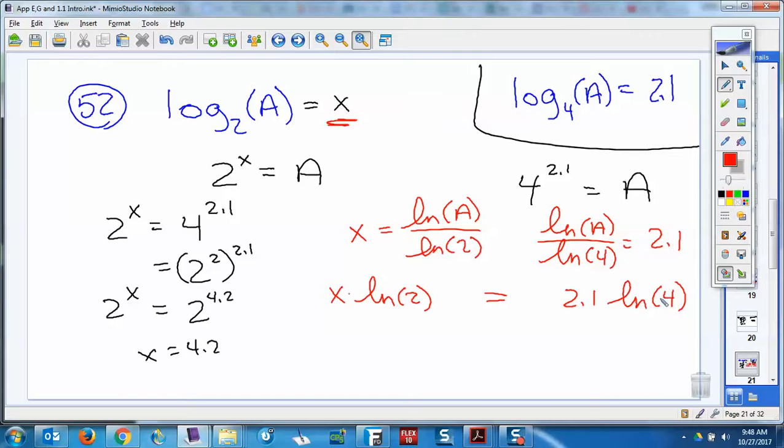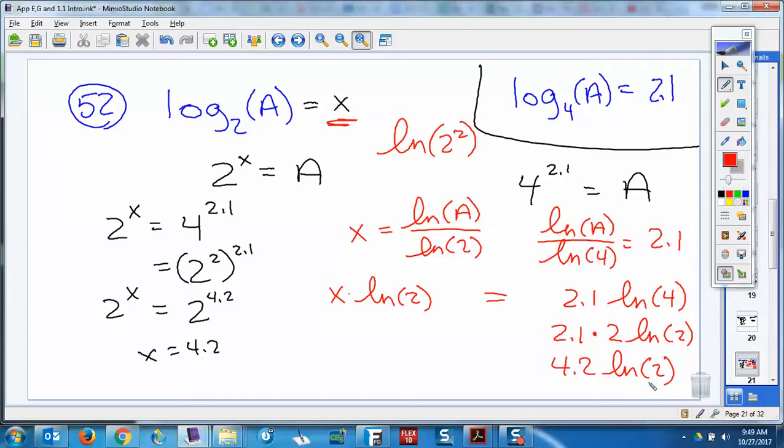And we talked about this yesterday. What's another way to write ln4? ln of 2 squared, right? And then what can you do with that 2? Bring it down in front. So now we'd have 2.1 times 2 ln2, and 2.1 times 2 is 4.2 ln2. And over here you'd have x ln2.